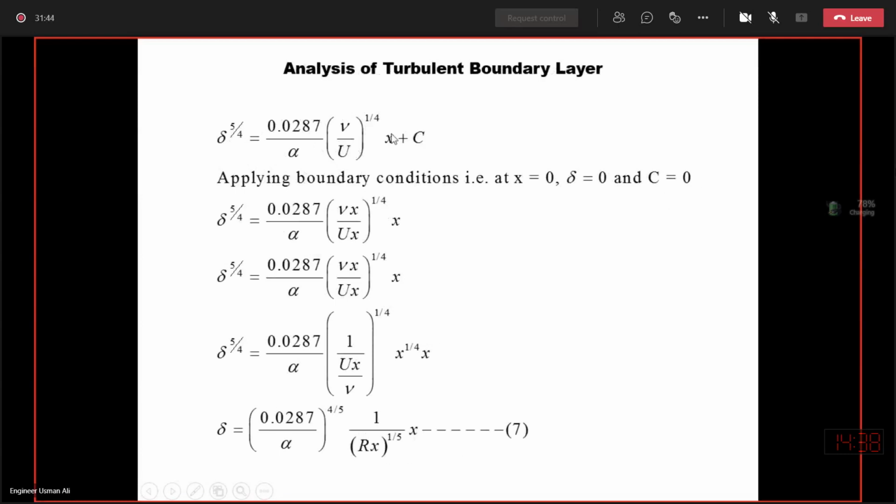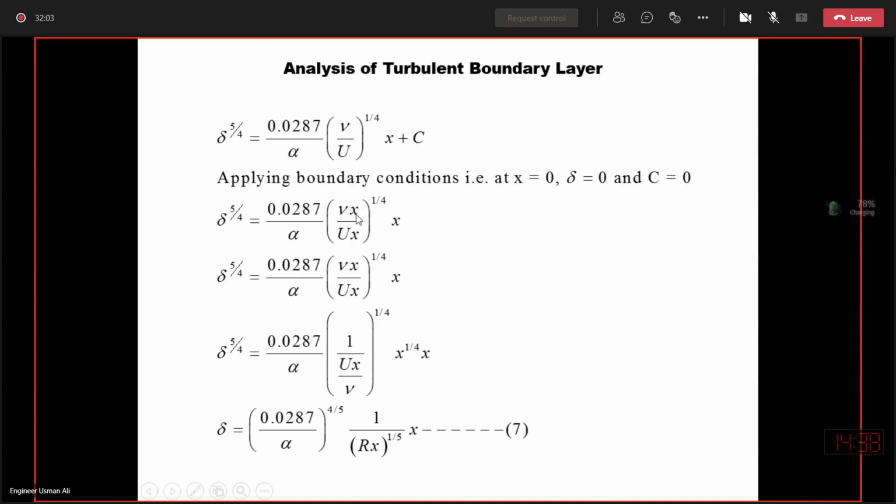Again, we put back this in this equation. So del power 5 by 4 will be 0.0287 over alpha, nu over u power 1 by 4 into x. What we have done is multiplied and divided by x within the bracket.